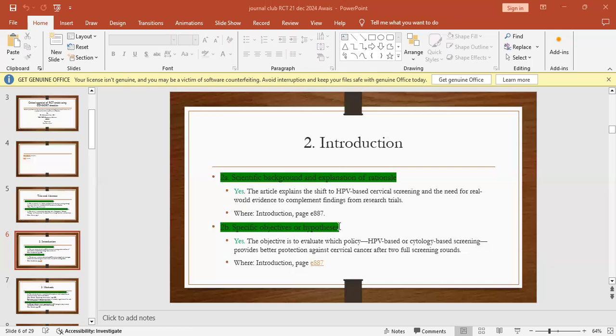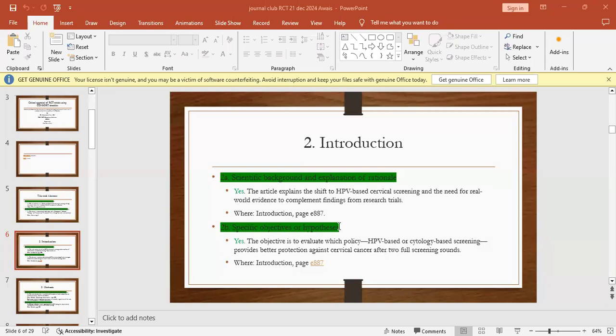Next, they have given the evidence in the introduction for this study. They have stated that they collected data from different databases from January 1990 to August 2014.